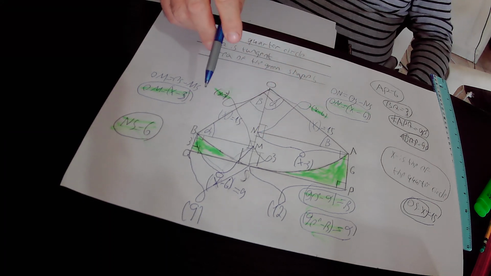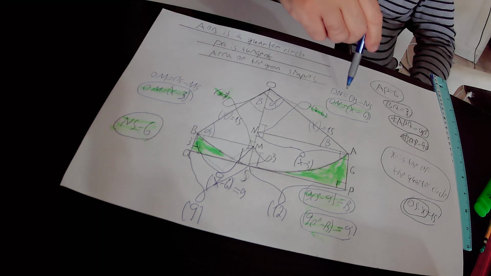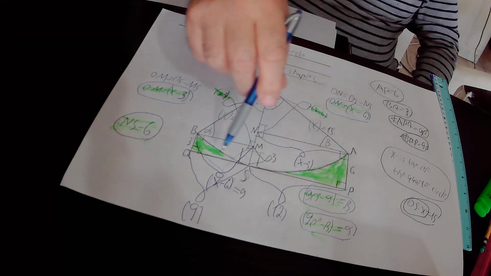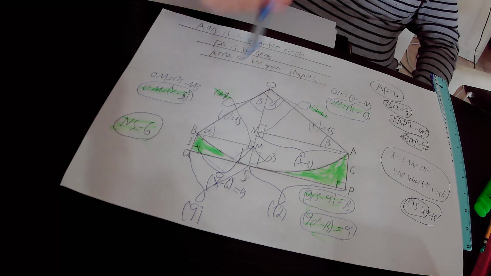Again, the area of the green shape equals the area of the whole shape OAPSQB minus the area of this quarter circle OAB.